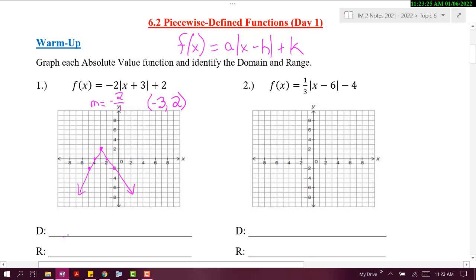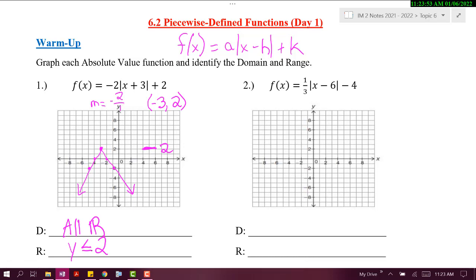The domain is all real numbers for our absolute values. Our range is not, though. Here is our vertex, so that's our maximum point of 2. So y is less than or equal to 2 because everything's below a y value of 2.